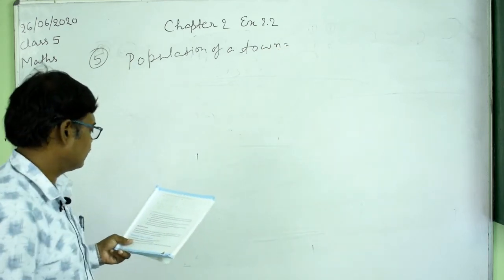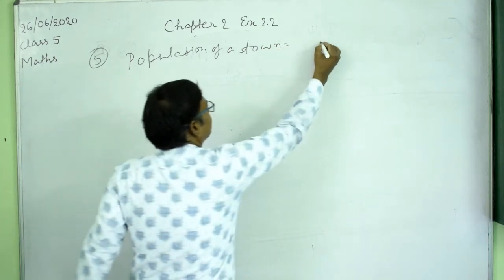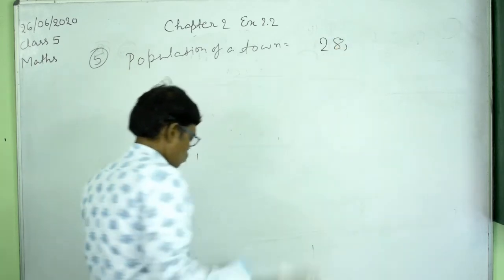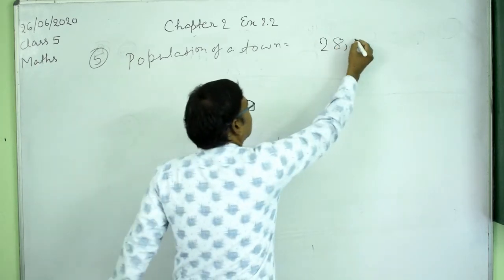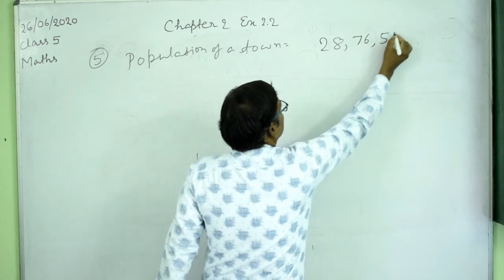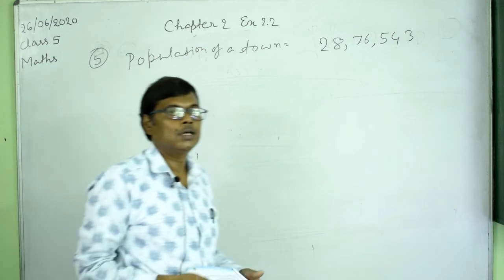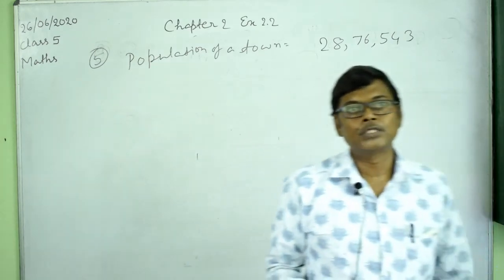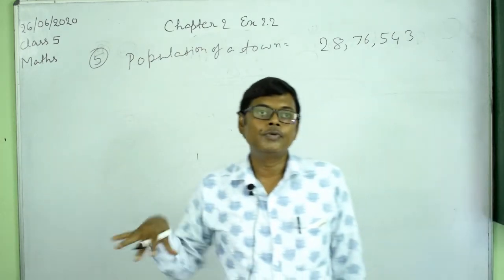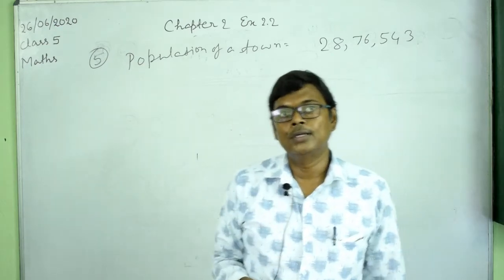Population of a town equal to 28 lakh 76,543. Population means the number of people, the number of people living in an area or in a region.